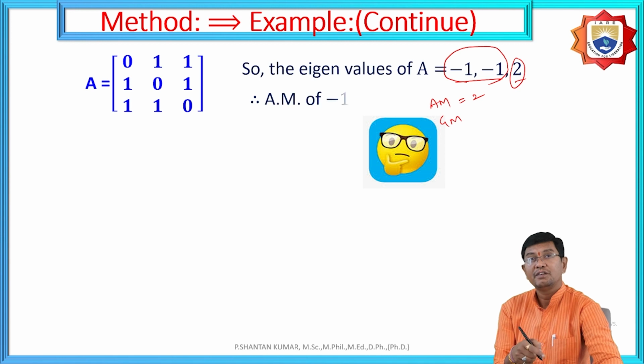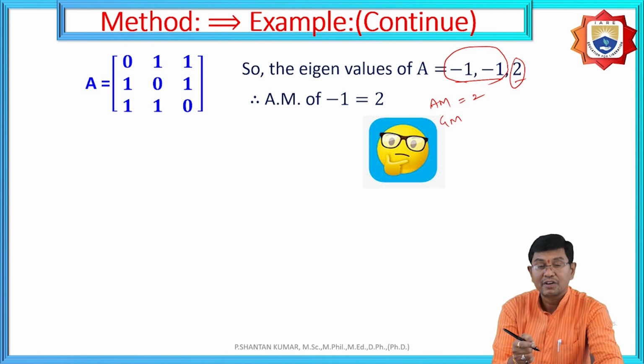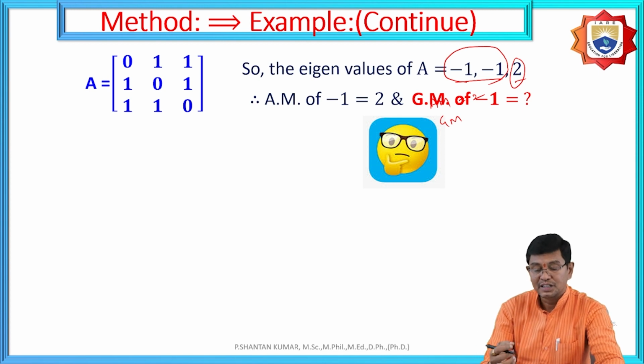And again, we need to find the geometric multiplicity of lambda equal to minus 1 with the help of the formula n minus the rank of A minus lambda I.